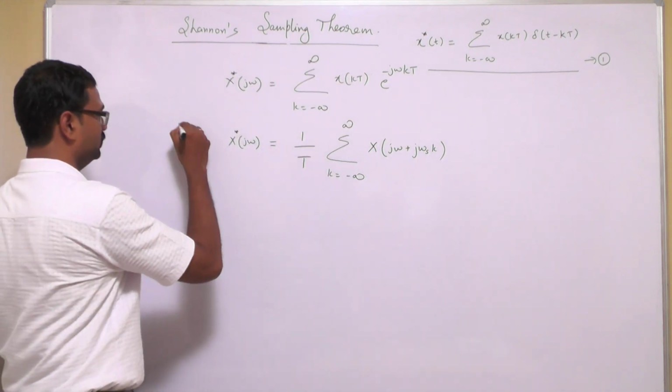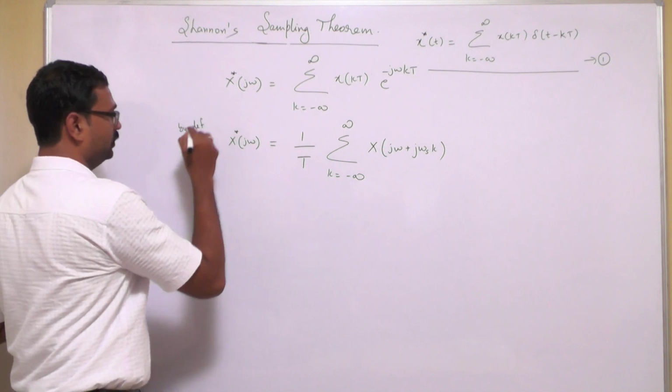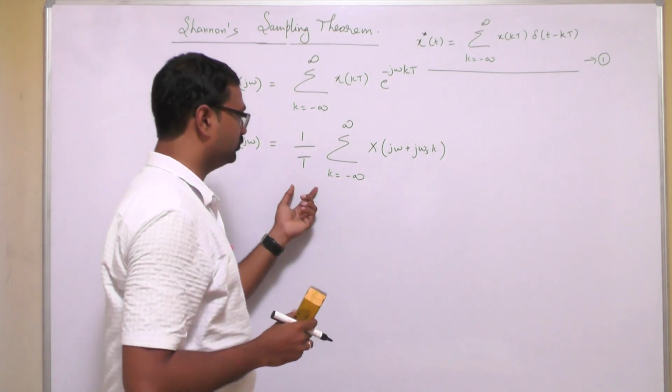By definition, you are getting x star of j omega is equal to 1 by T sum.